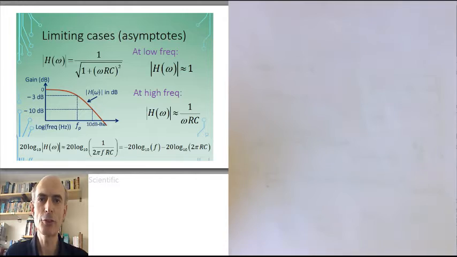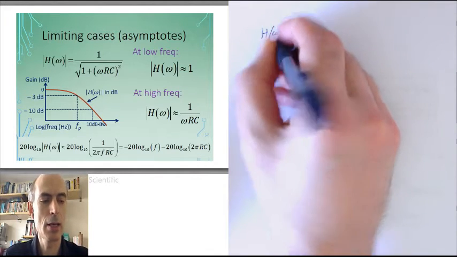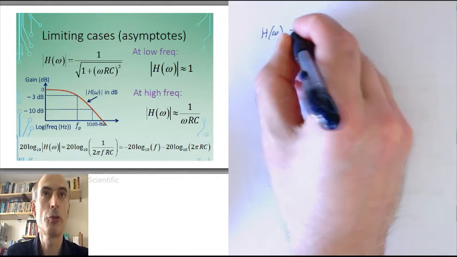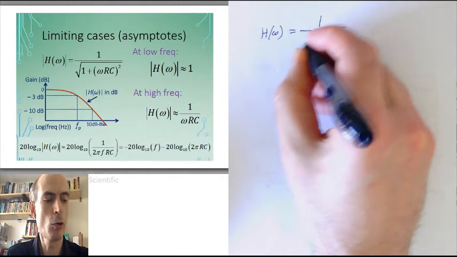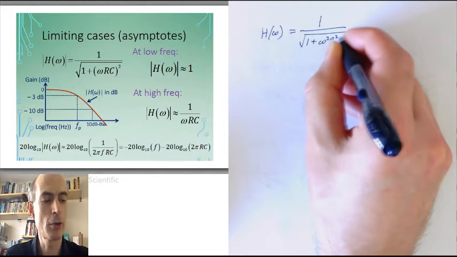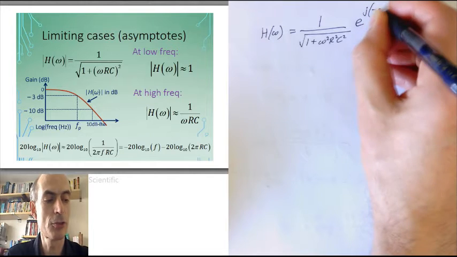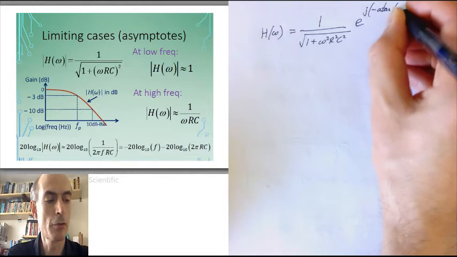Next, let's consider what the limiting cases are at low frequencies and at high frequencies. We've derived this expression that the frequency response is 1 over the square root of 1 plus omega squared R squared C squared, times e to the power of j minus the arctangent of omega RC.